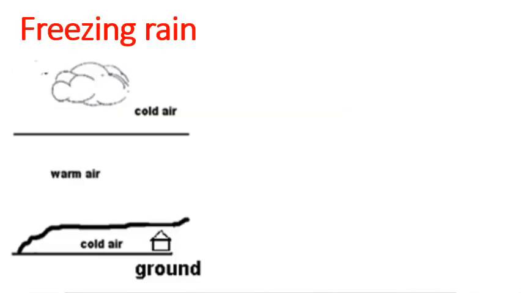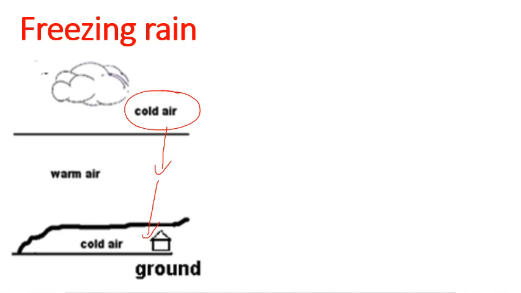Now, freezing rain, it's a little bit different situation. Freezing rain is when we have, once again, our cold air, our cold frozen water, and it falls into the warm air, and it melts. And really close to the ground, we've got a small layer, usually a very thin layer, of really cold air.